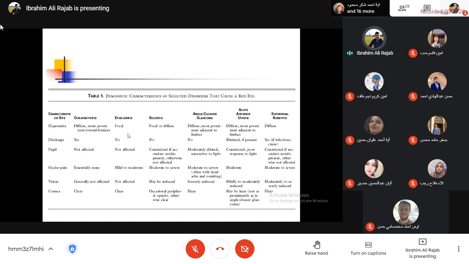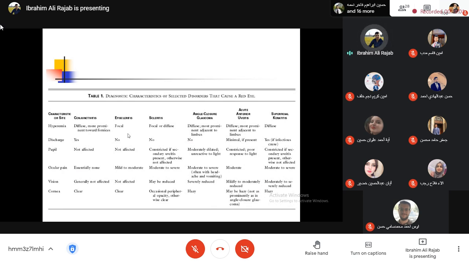So although the media is not affected, the nerve and the retina may be affected by scleritis secondary to inflammation of the sclera, so the vision may be affected. The cornea is usually clear, but the peripheral part of the cornea may be affected with scleritis, so the cornea may be involved peripherally by the inflammatory process.